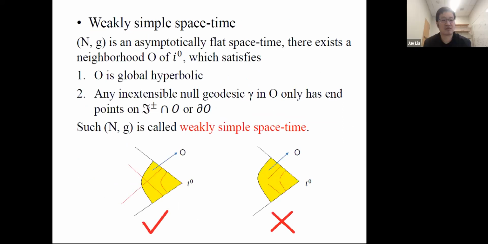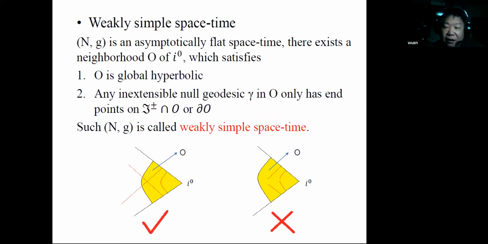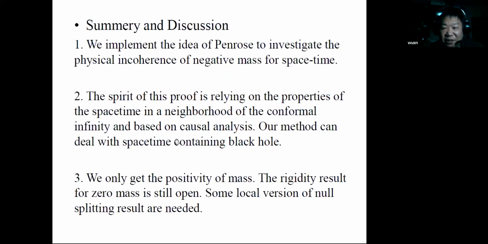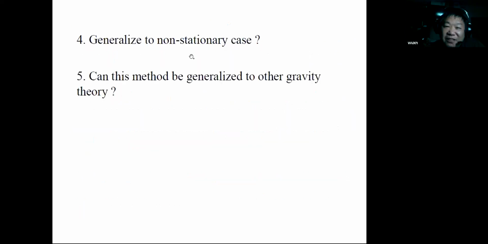I think this method could be generalized to the higher dimensional case. But for me, the most important thing is how to resolve this kind of disadvantage. That means how to get the geodesics result for the zero mass case, and also to see how to remove the stationary requirement.